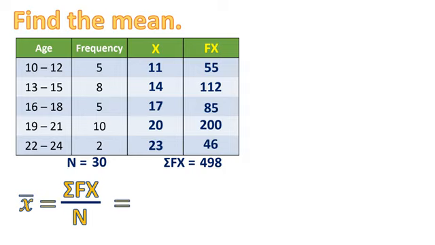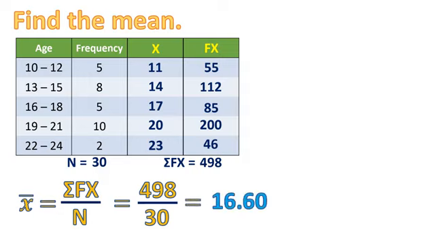So we will substitute all of this: 498 divided by 30. If you use your calculator, you will get 16.60. And that's the mean, meaning that's the middle age based on the given grouped data.